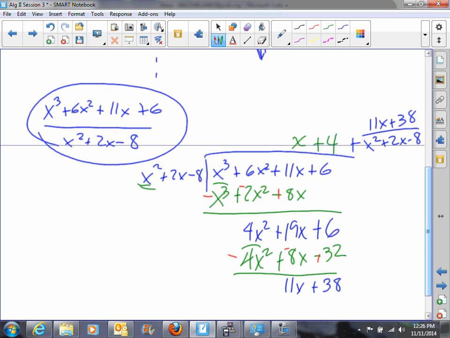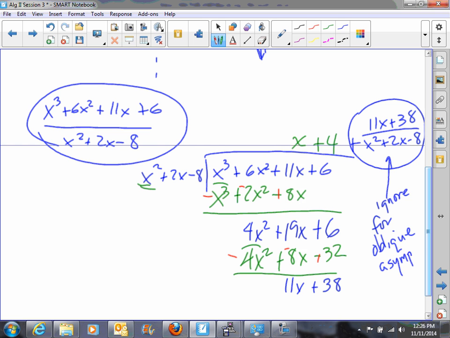For the oblique asymptote, we ignore this part and we just take this part. So the oblique asymptote in this case is going to be y equals x plus 4.